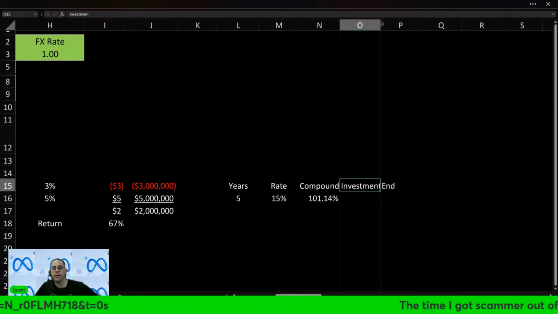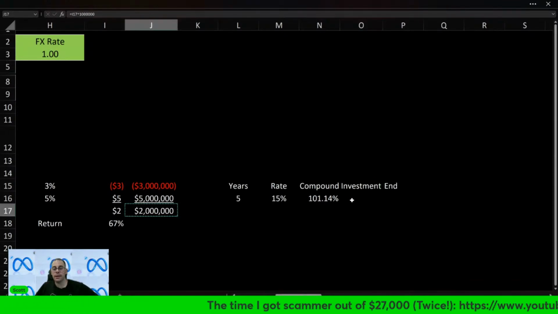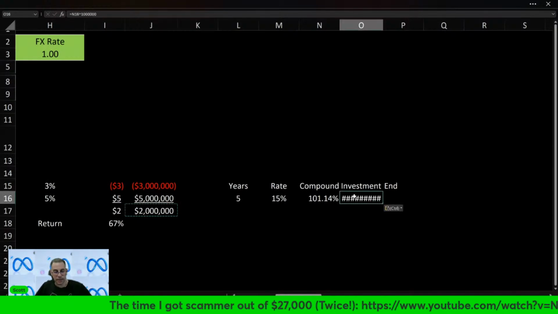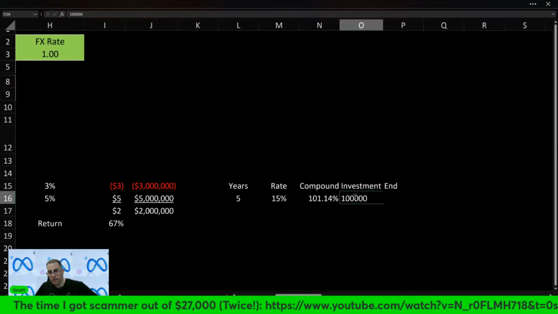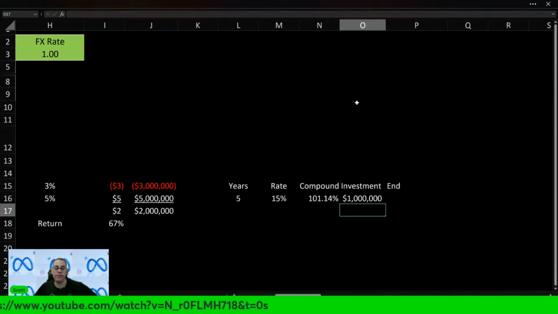So let's say you invested. I mean, you have to obviously get your hands on so much money, but let's say you somehow got your hands on $1 million back in like 1980, a guaranteed 15% return.